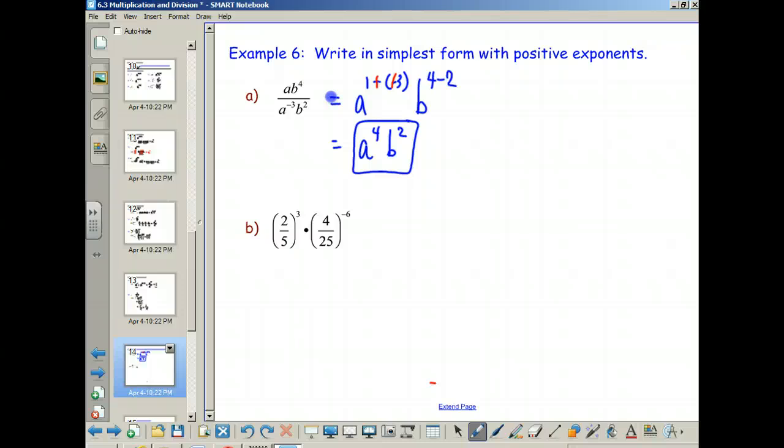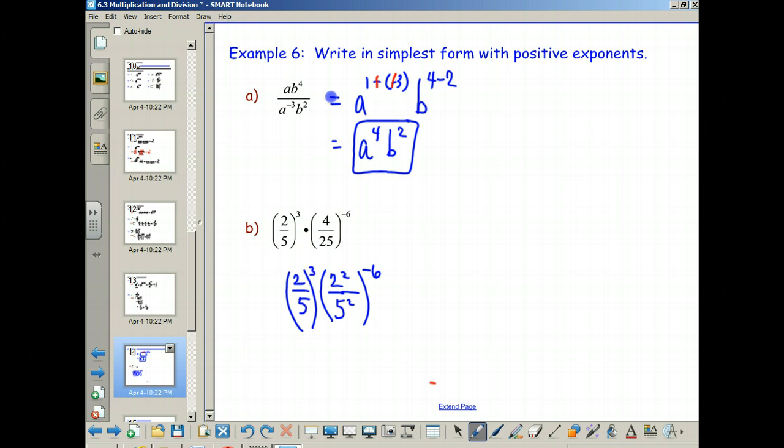Another way of writing that is 2 over 5, and they're each squared, because 2 squared is 4, and 5 squared is 25. And this is to the negative 6th power. Again, there's lots of ways to do this, and I'm going to show you just one of them.